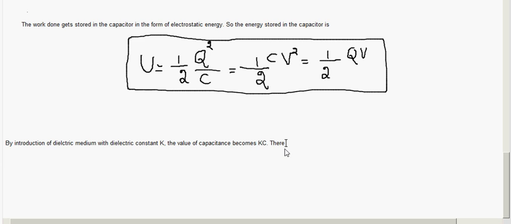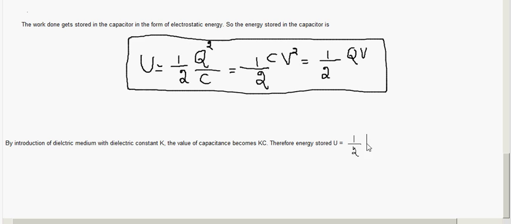Therefore, the energy stored U, we have half CV square, so it is half into KC into V square, because the capacitance value now changes, and if it is connected to the battery, its voltage will remain the same.